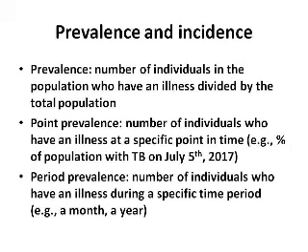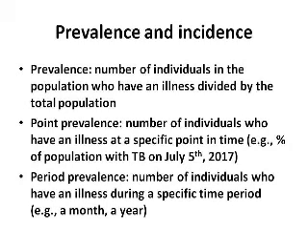That would be prevalence. Now, there's a specific type of prevalence that we call point prevalence, and this is the number of individuals who have an illness at a specific point in time. So, for instance, let's consider the percentage of the population that has schizophrenia today, which is April 20th, 2017. So this is measuring how many people have schizophrenia in a given population at a specific point in time.